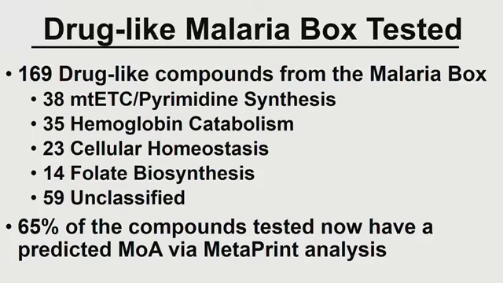Maybe that's actually true, because if you notice here, 59% of these have an unclassified category, which I'll elaborate on in a minute. But overall, they really do fall into these four major categories that you see up here.